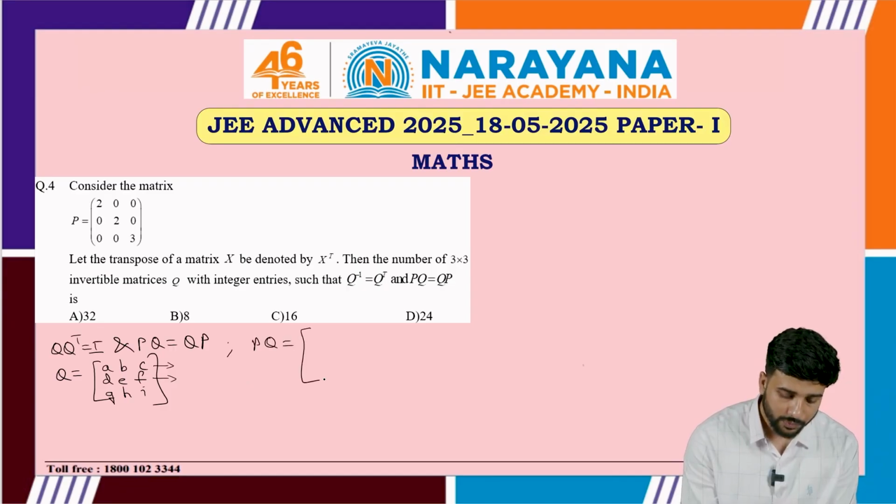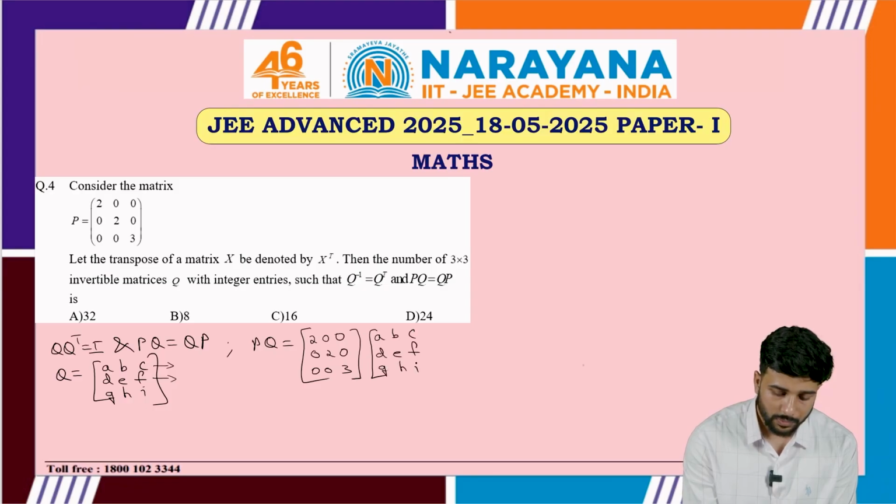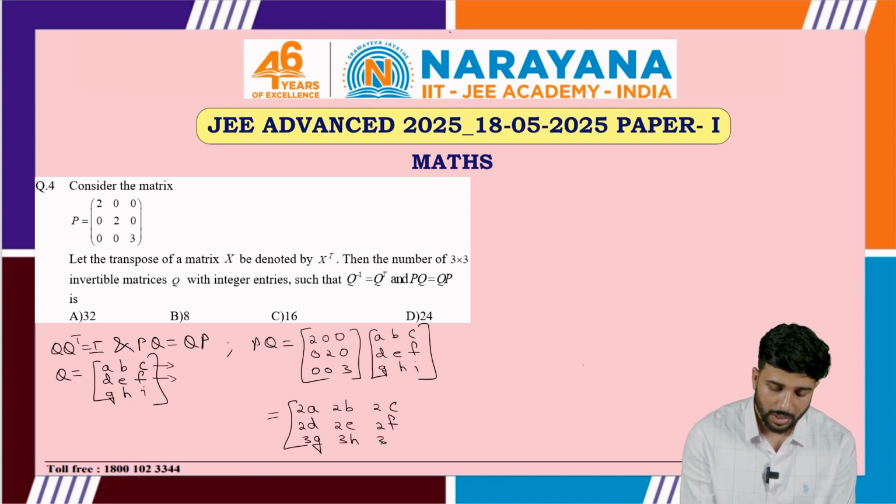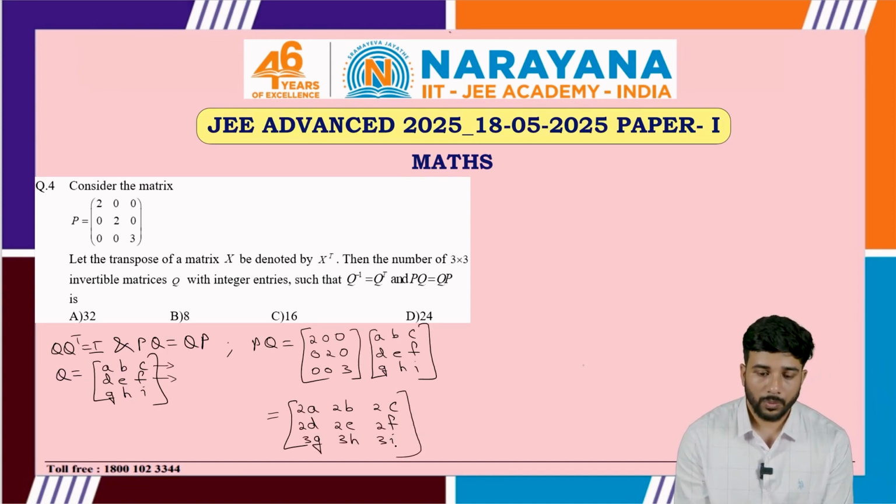PQ, if I look at it now, is 2 0 0, 0 2 0, 0 0 3 into Q, where Q is ABC, DEF, GHI. So what will this matrix be? 2A, 2B, 2C, 2D, 2E, 2F, 3G, 3H, 3I. This is PQ.